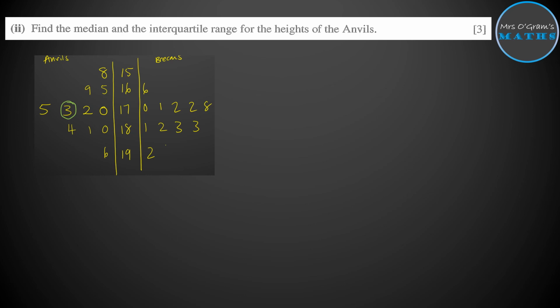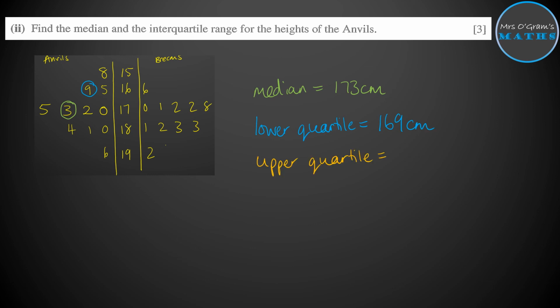So the median for the anvils will be 173 centimeters. The lower quartile will be down here where this 9 is, so that's 169 centimeters. And the upper quartile is this one here, so it's 181 centimeters.